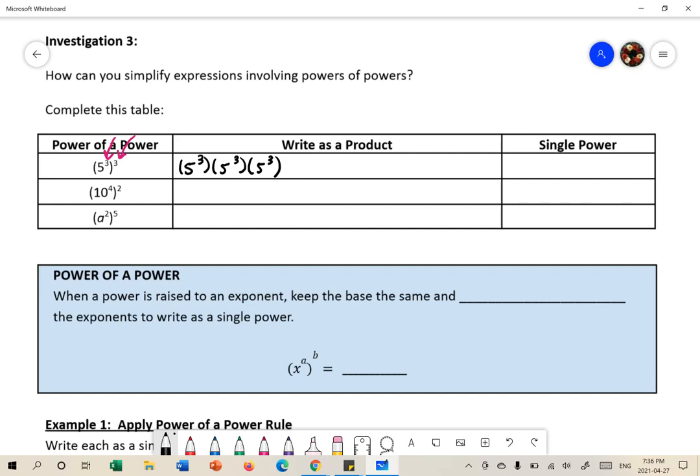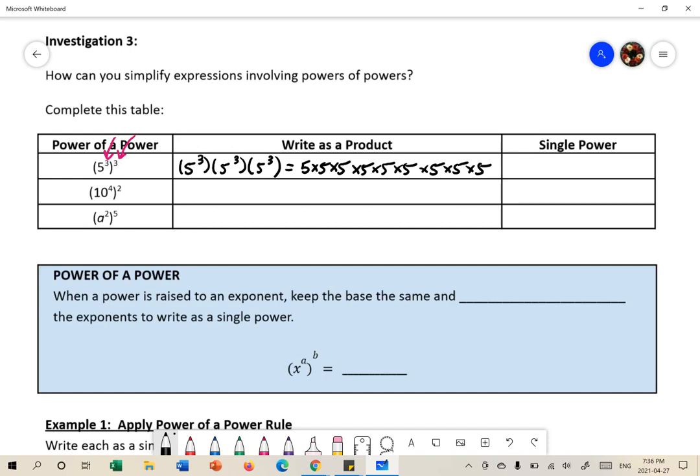And I'm going to multiply that by itself 3 times. Okay? And then 5 to the power of 3 is really 5 times 5 times 5. And then there's a second 5 cubed, which is another 5 times 5 times 5. And then the third 5 cubed is 5 times 5 times 5.